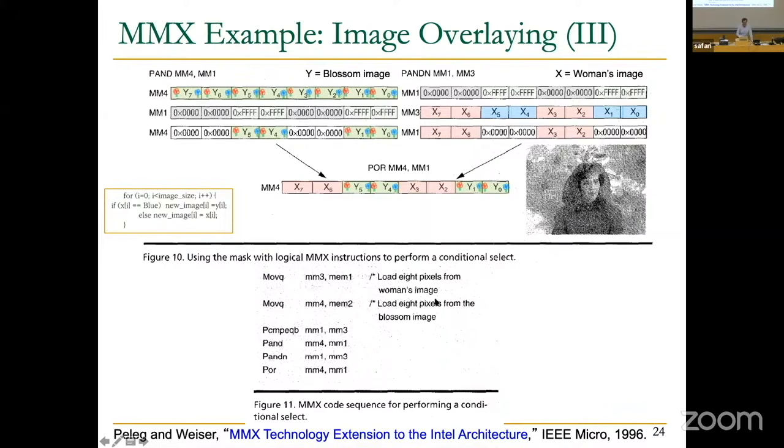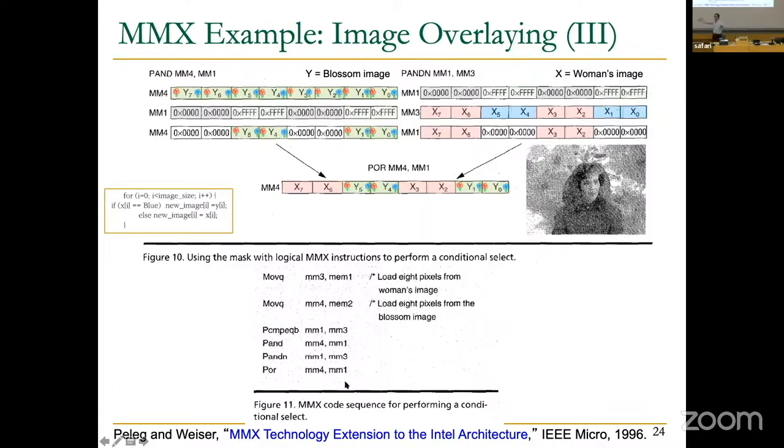These load 8 pixels from the original image and then the blossom image into 2 registers. Then you do the packed compare equal, which sets the mask in MM1. Then you do the packed AND to get the blossom image in the appropriate locations, and then the packed AND NOT to get the original image in the appropriate locations. And you OR them into registers so that you can construct the final 8 pixels of the image.